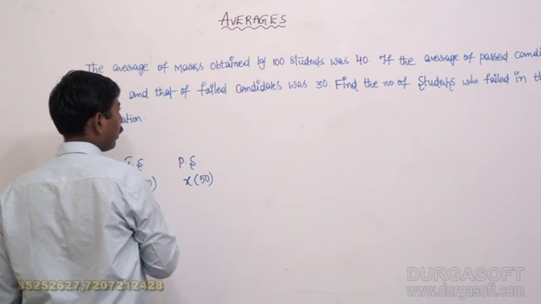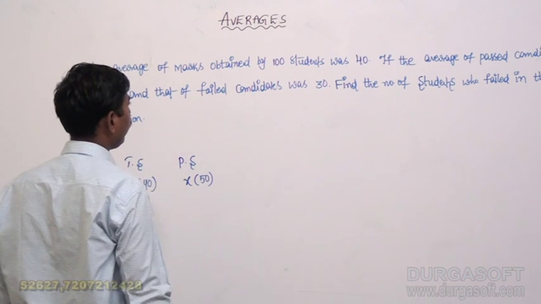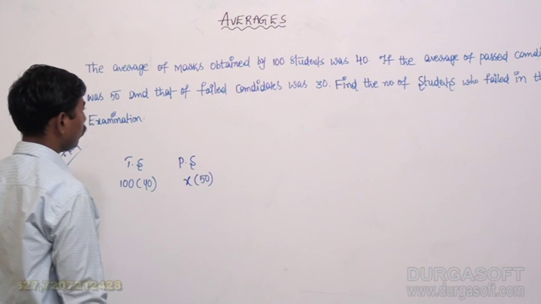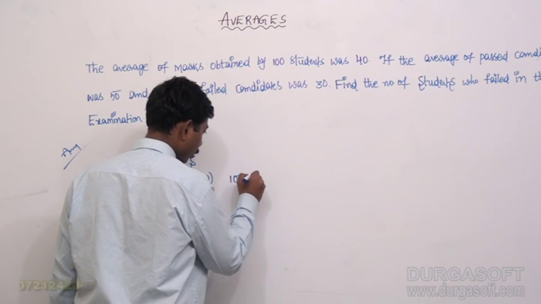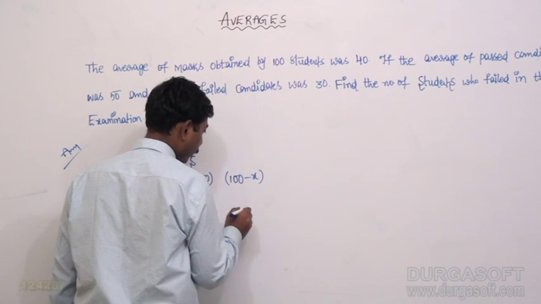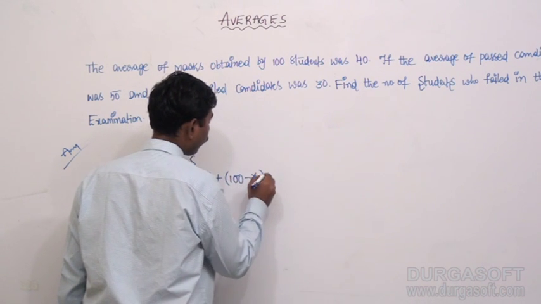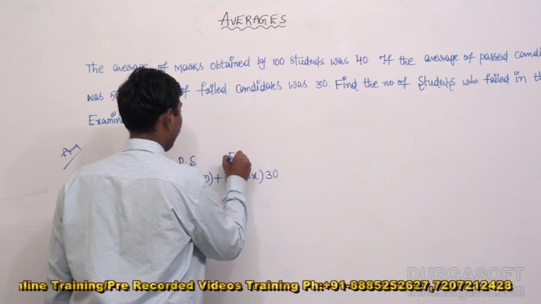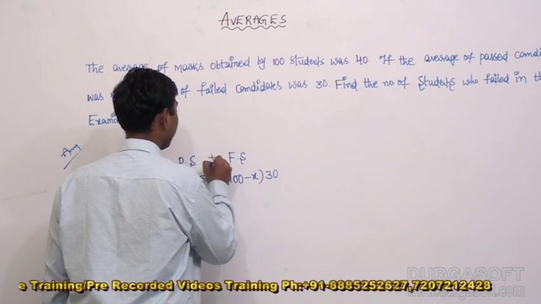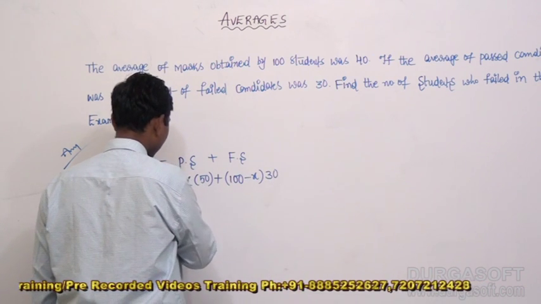Out of 100, X qualified, which means the rest, that is 100 minus X, were disqualified, and we came to know their average is 30.